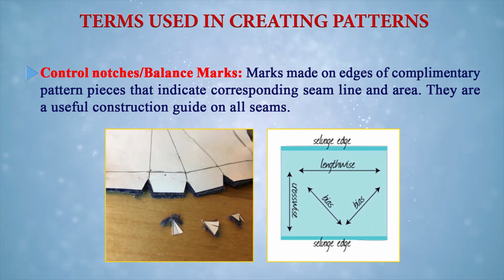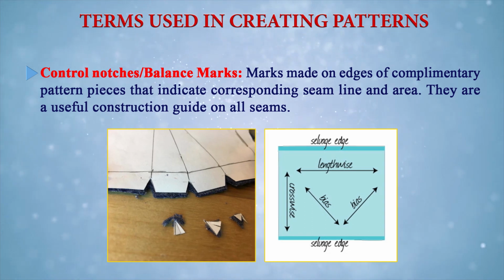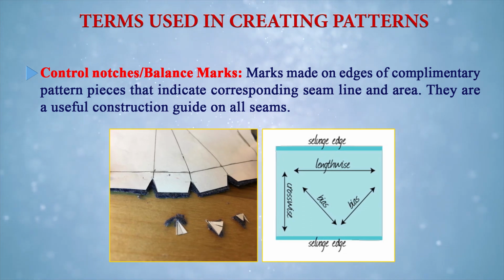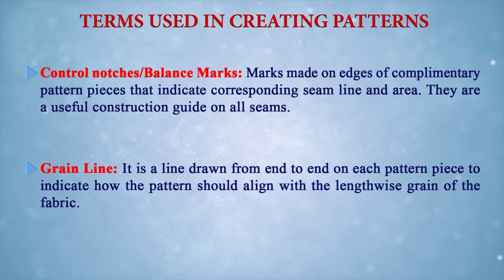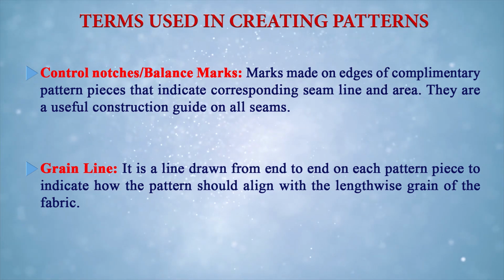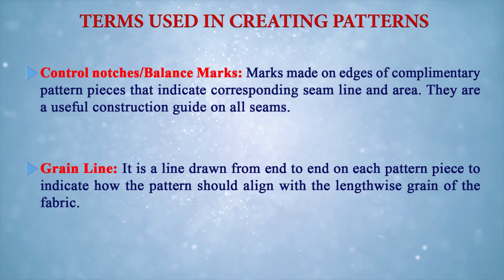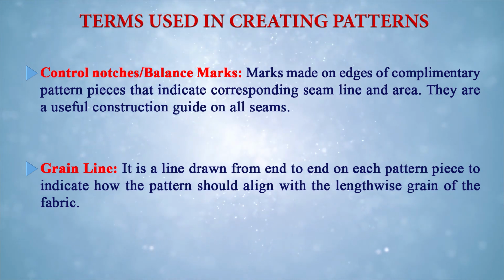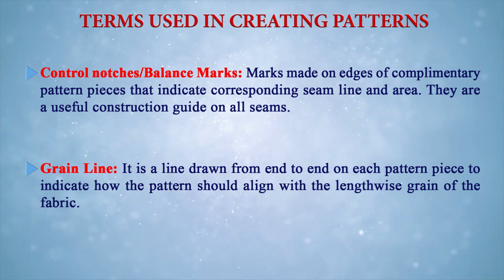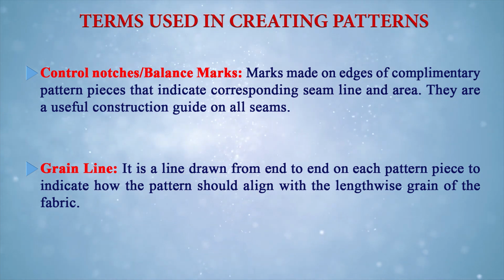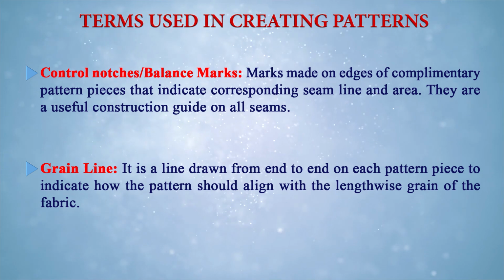Then one important technical term you should know is the grain line. Grain line is the line which is drawn from end to end on each pattern piece, and we can say it is the direction of the yarn, or the warp and weft line, on the fabric.